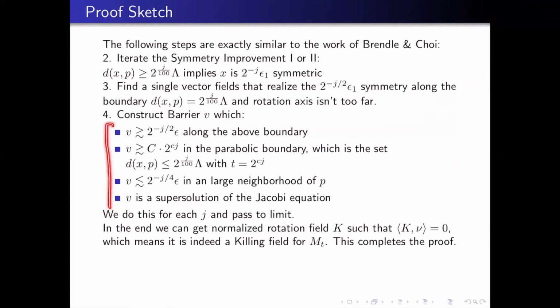With this construction of V, we are able to control U near the point P, and so it looks like U is less than or equal to 2 to the minus a quarter J epsilon 1 near arbitrarily large neighborhoods of P. There could be some other constant multiplied in front of 2 to the minus J over 4, but this constant doesn't depend on J. Then we can pass to some limits and find a single vector field such that it is actually tangential in this way.